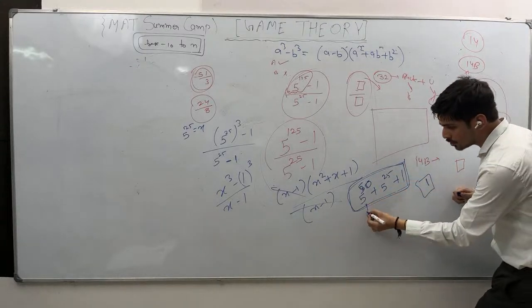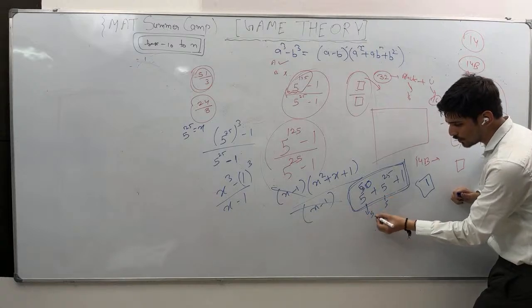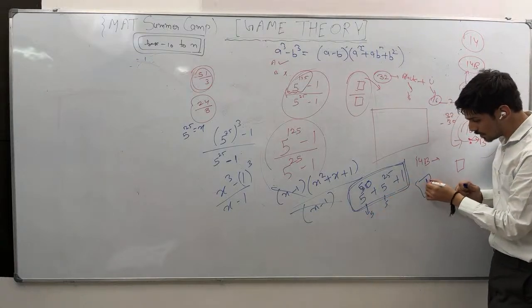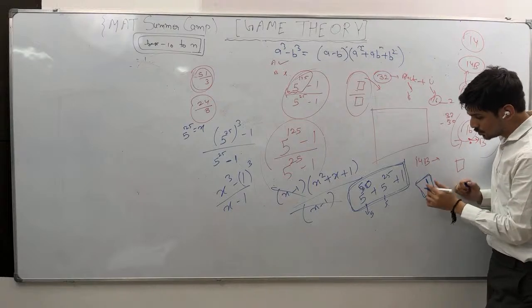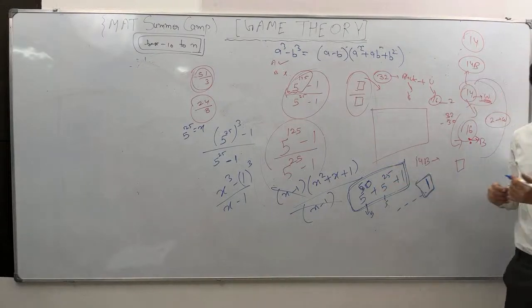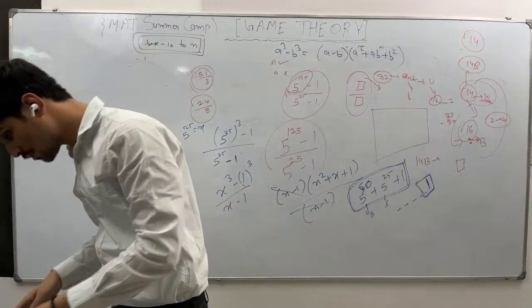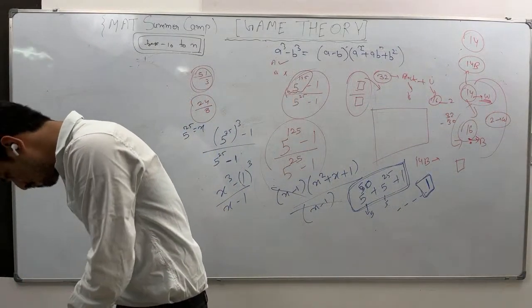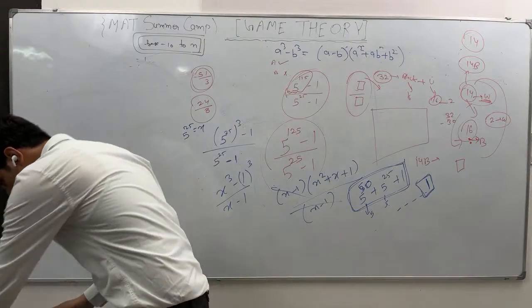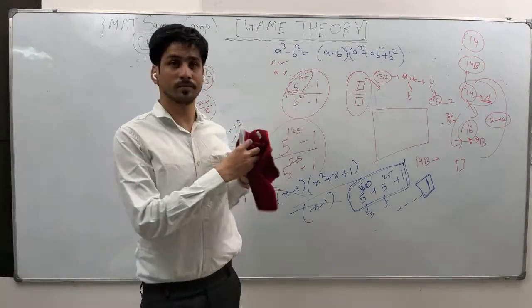I know the unit digit of this will be 5 and this will be 5, so 5 plus 5 is 10, 10 plus 1 will be 1. So we have come up to here. Unit digit is 1. This is an odd number. But how to identify whether this is a prime number or not? Are you able to understand this one?